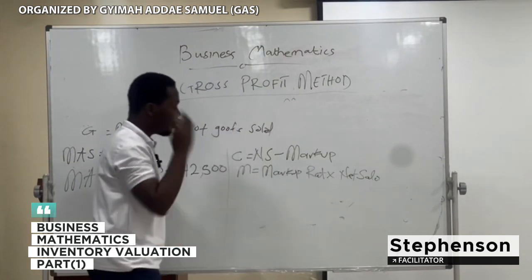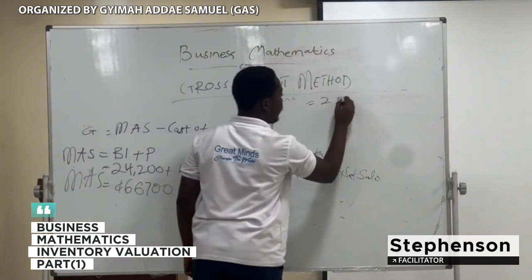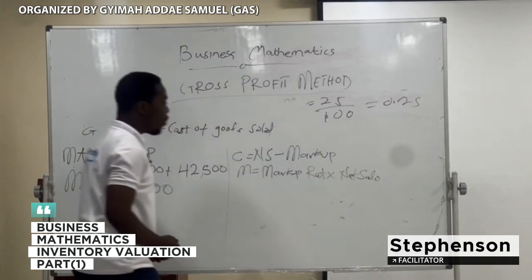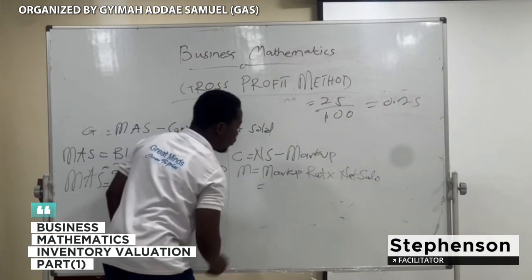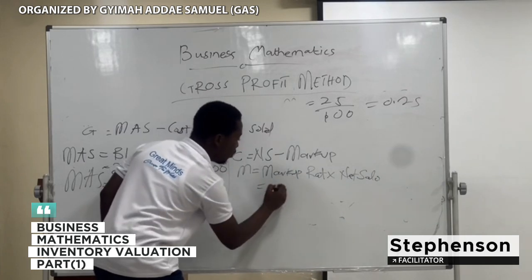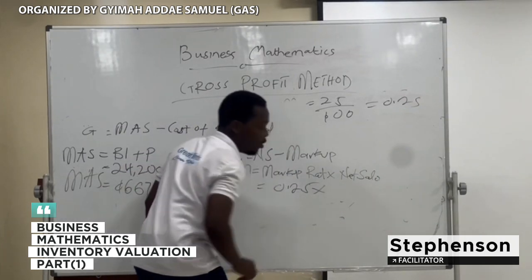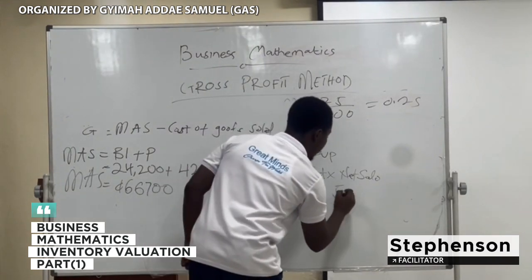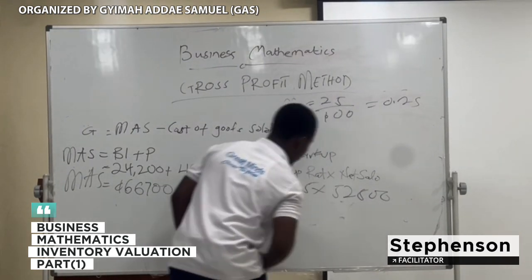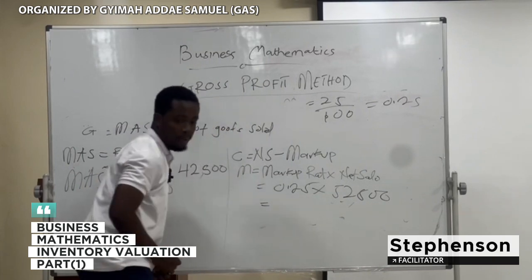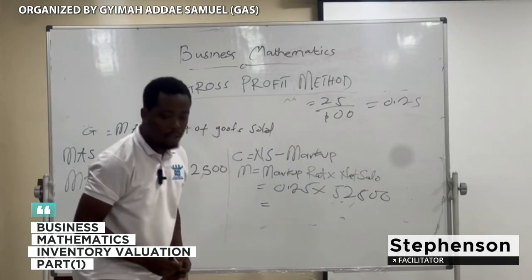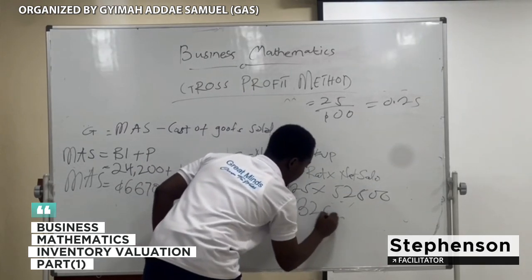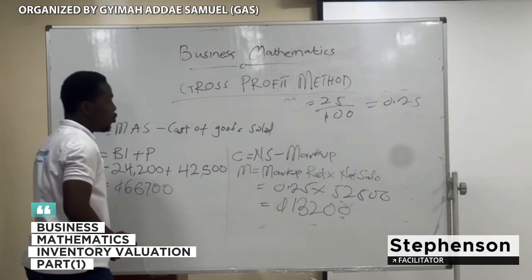We're given our rate as 25%, divided by 100, we get 0.25. Our markup is 0.25 times 52,800, and we get 13,200.